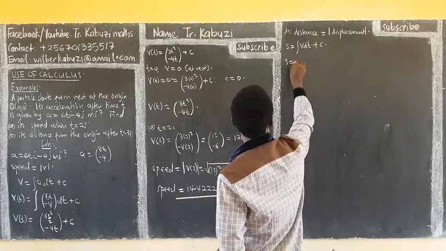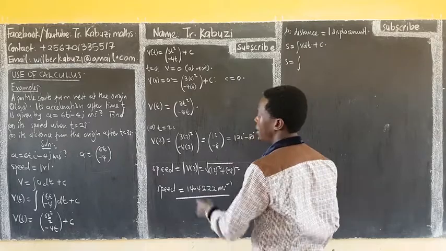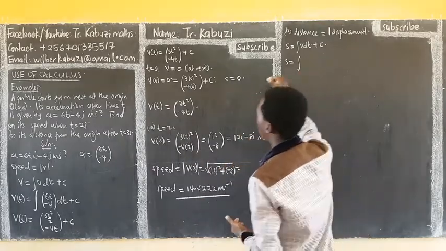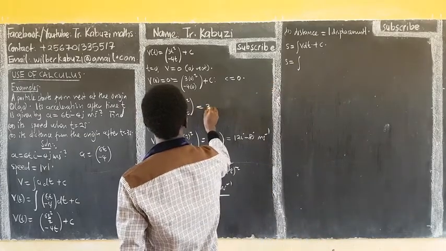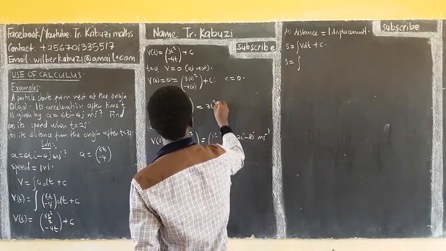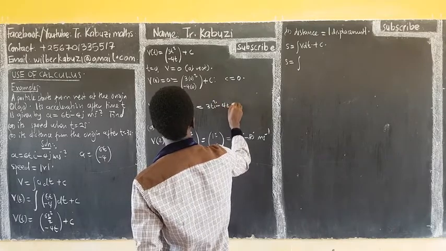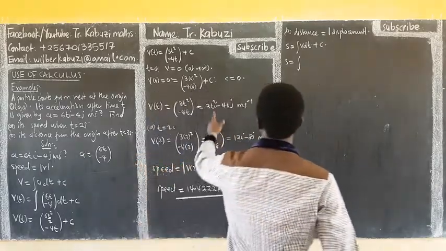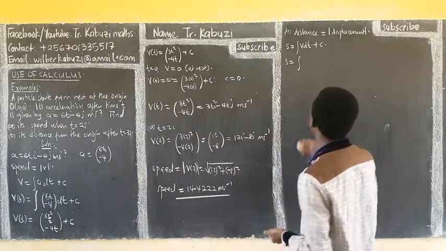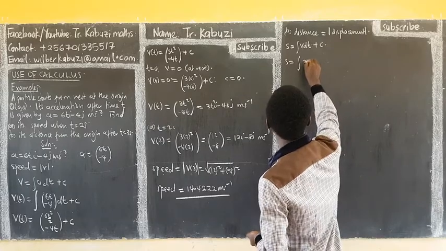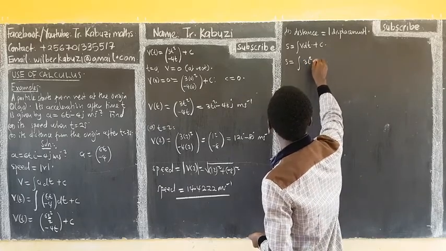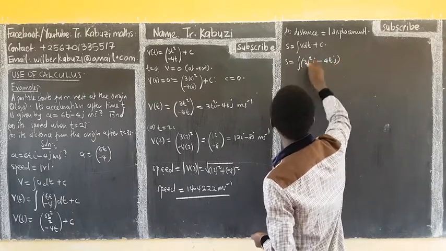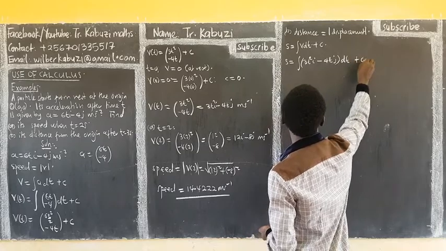What was our v at any time? It was 3t squared i minus 4t j meters per second. You can also interpret it in this form. It's up to you. So s is the integral of 3t squared i minus 4t j dt plus a constant of integration.